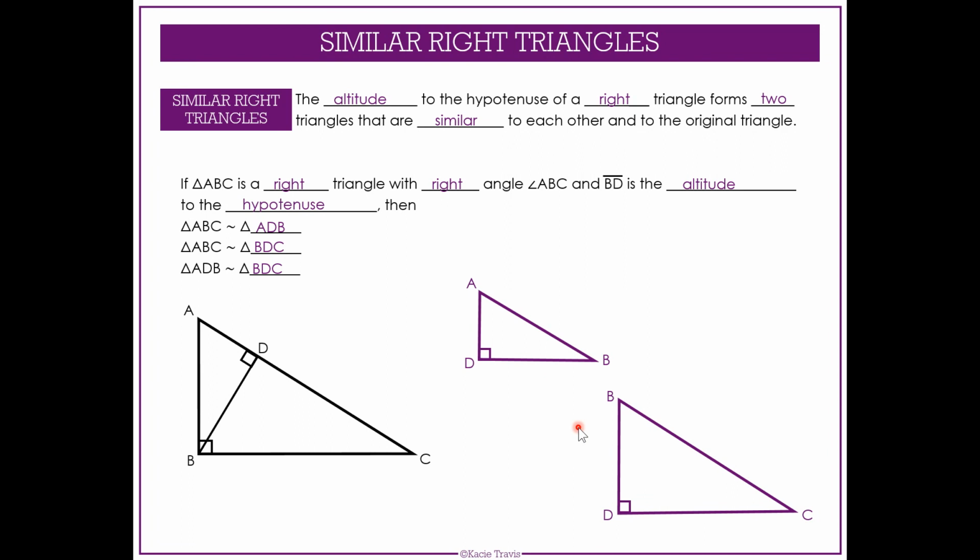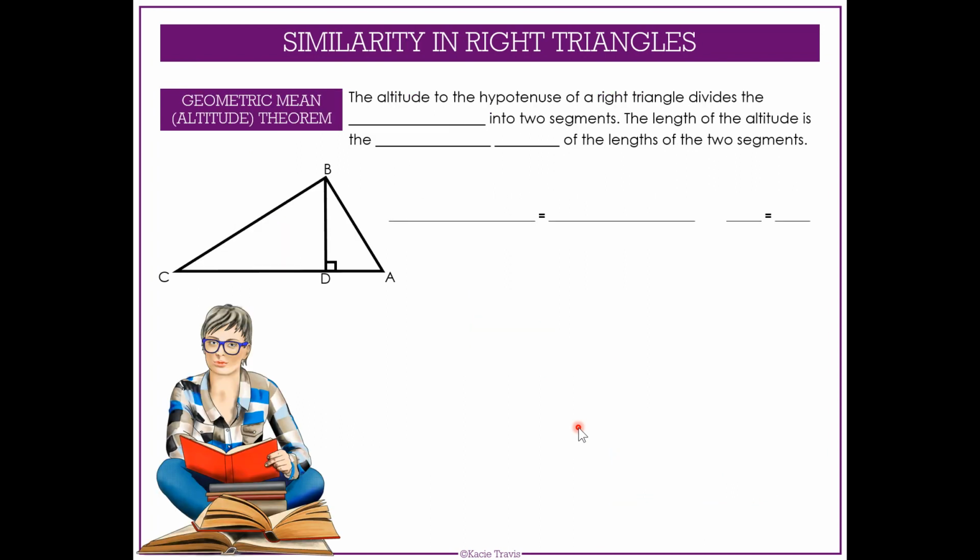So let's take a look at some new information. The new information we got is the geometric mean altitude theorem. Let's talk about it. The altitude to the hypotenuse of a right triangle divides the hypotenuse into two segments. The length of that altitude is the geometric mean of the lengths of the two segments.